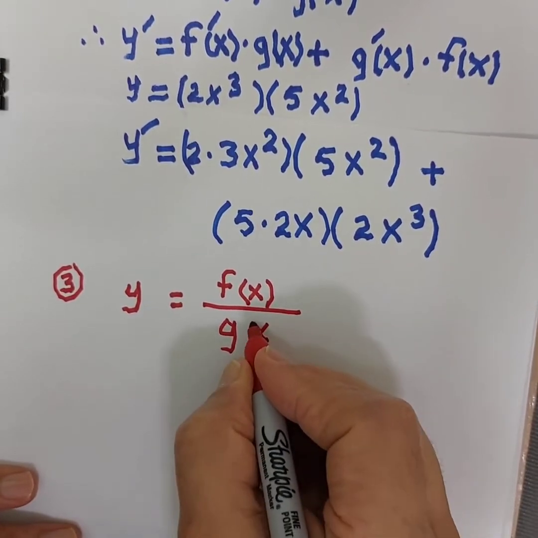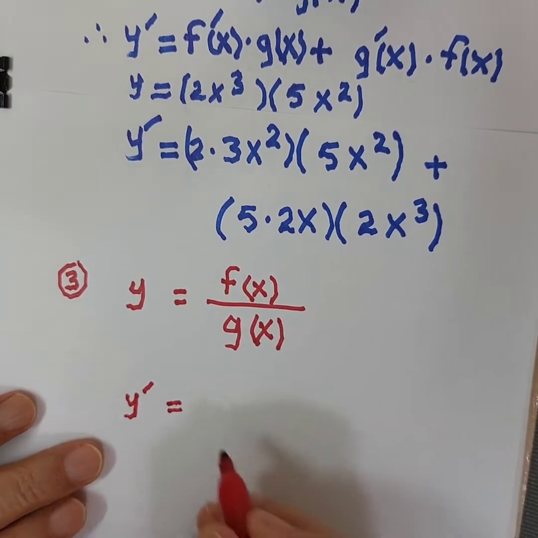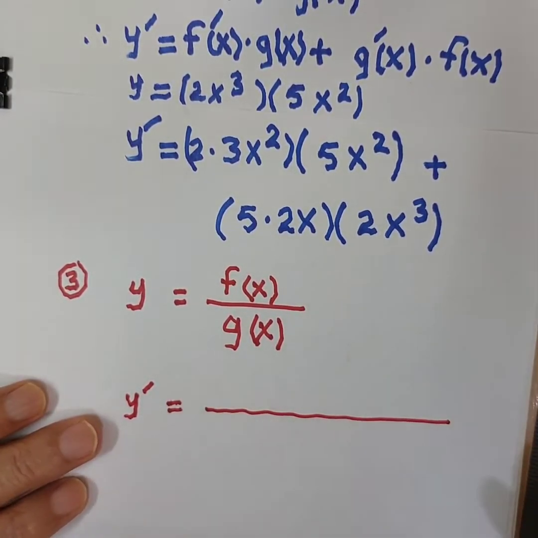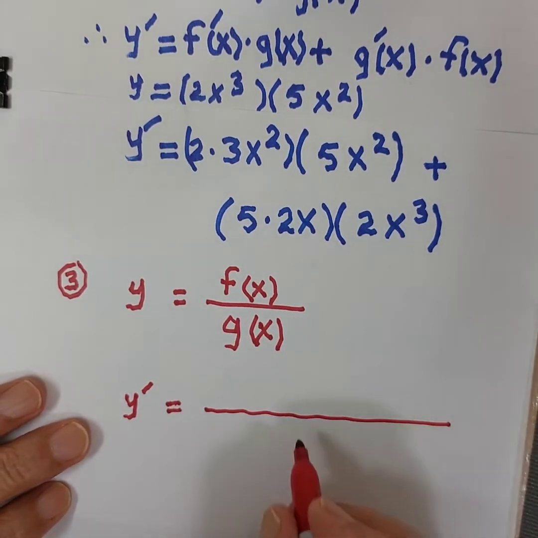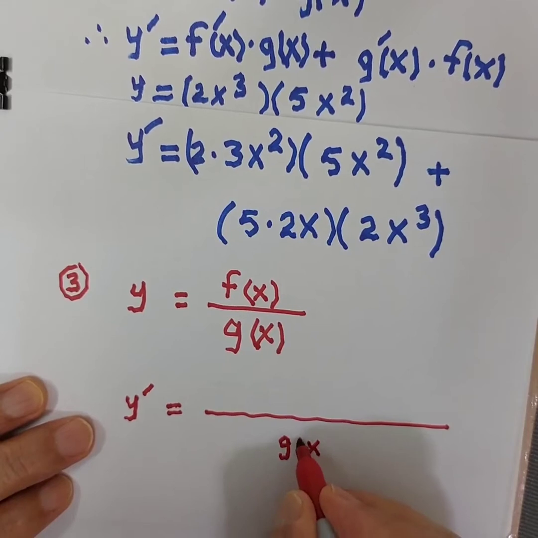In case of division like this, y dash is equal, here the fraction line, in the bottom we write g x squared.